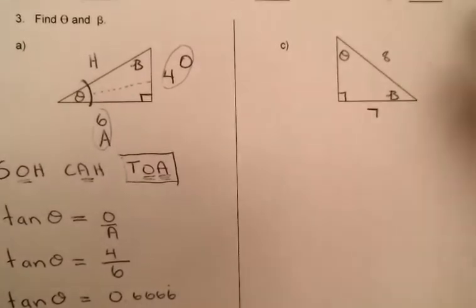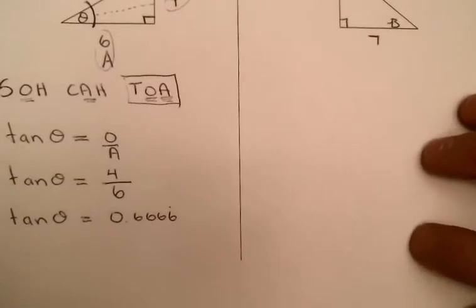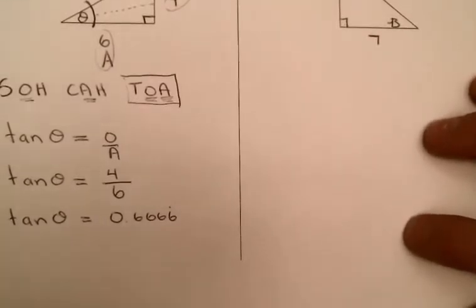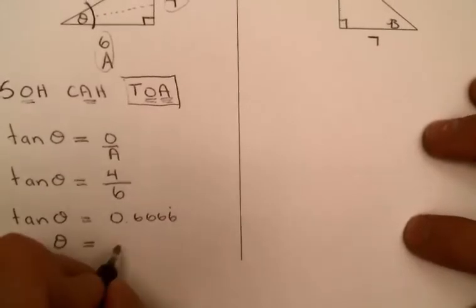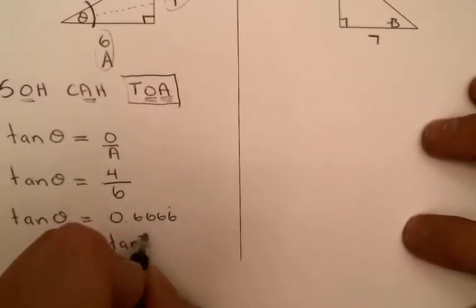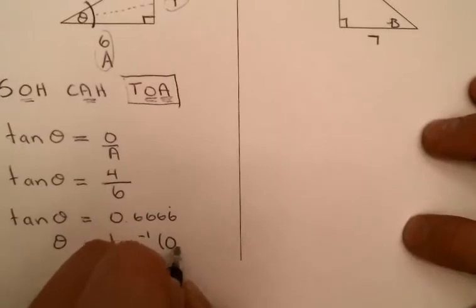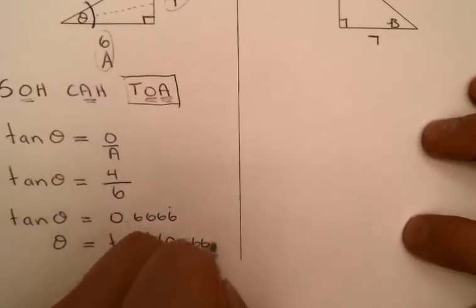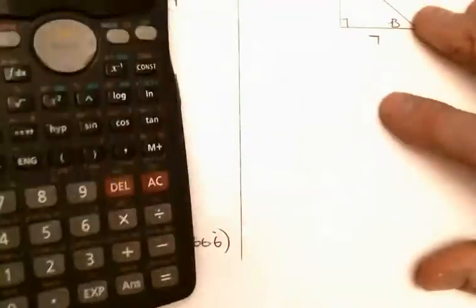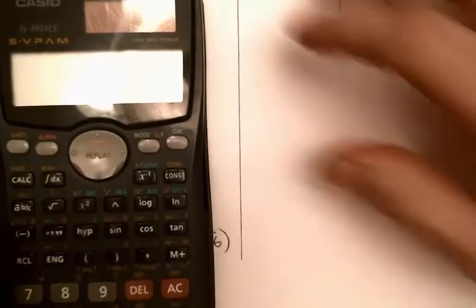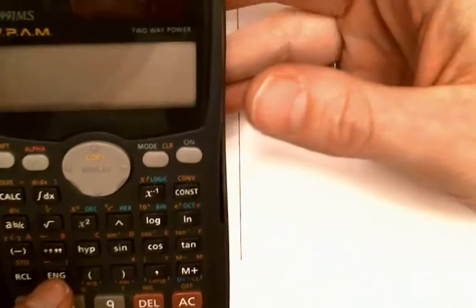And like I said in the previous example, once you know the ratio, you can convert this to get the angle. Theta is tan inverse of 0.6666. You grab your calculator, and you have to put the value in and do the inverse tan.